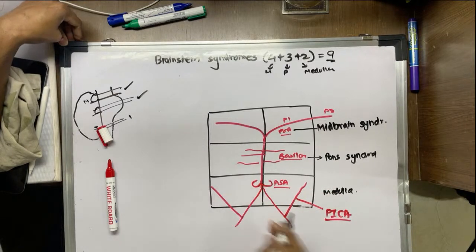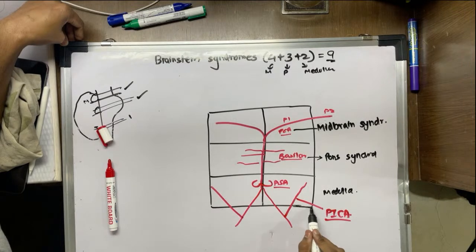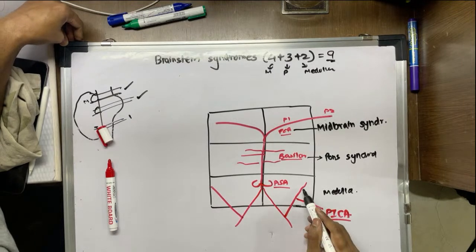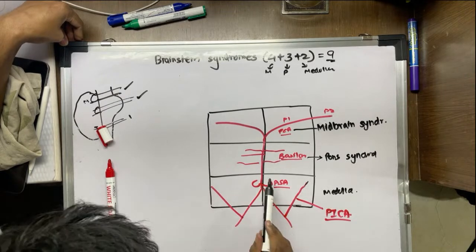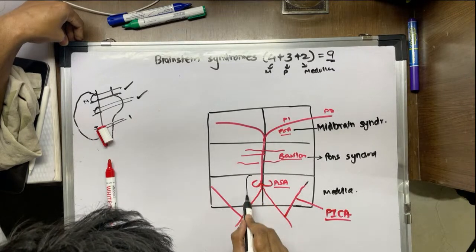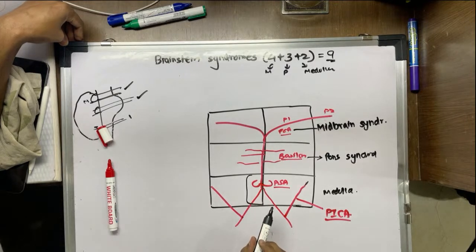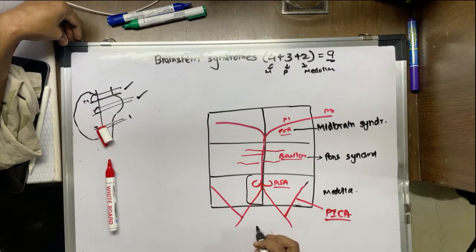And now these are the questions they ask most commonly. What is this? This is the medial part of the medulla.